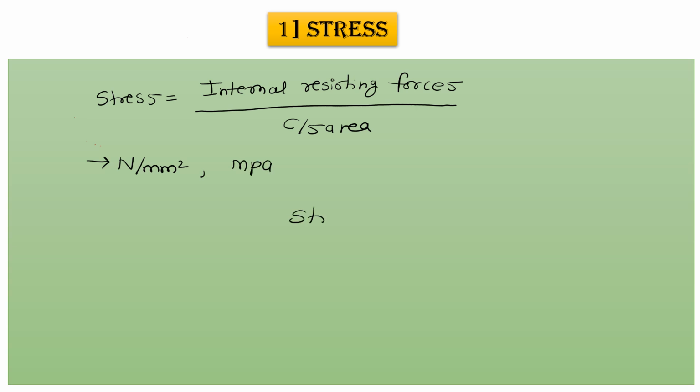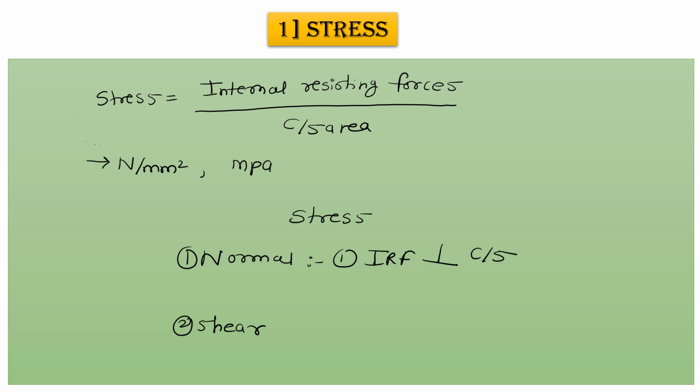Then stress is divided into two types. First is normal stress and second is shear stress. In normal stress, the internal resisting force is perpendicular to the cross-sectional area, and in shear stress, the internal resisting force is parallel to the cross-sectional area.